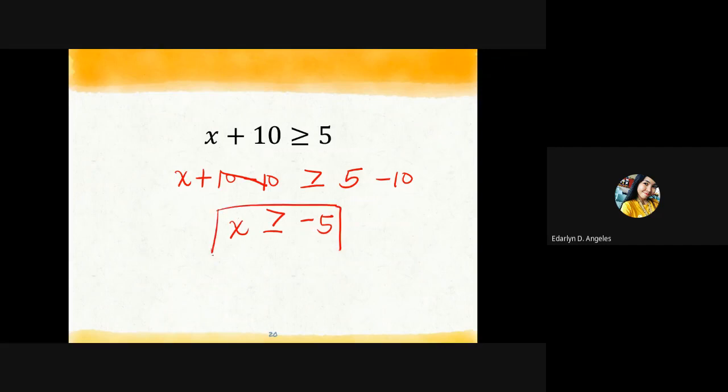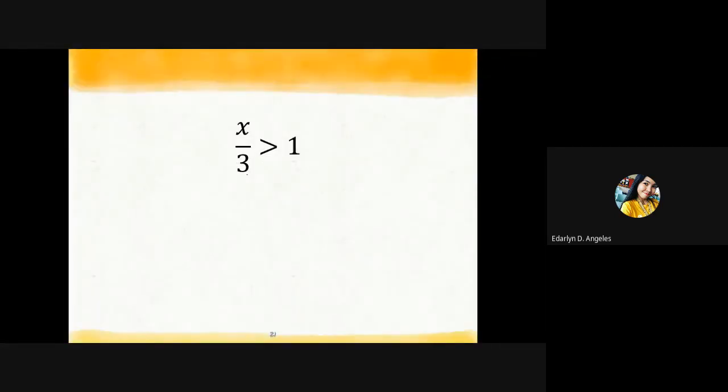Okay? Next example. We have x over 3 is greater than 1. So how do we solve for x? By the use of the multiplication property of inequality, we have to multiply both sides by the multiplicative inverse of 1/3, which is 3.